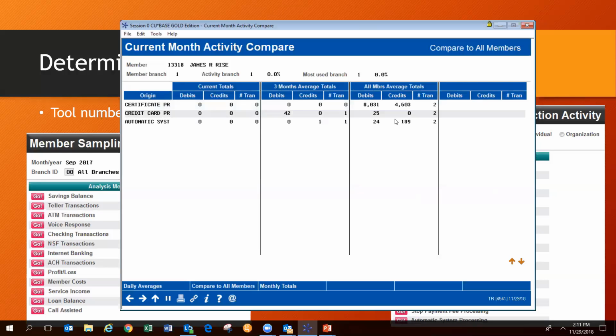So 3 different areas. The sampling, the 2 sampling tools I would definitely take a look at, and then take a look at transactional activity. And it doesn't matter which member you pick as long as the member uses you through a lot of different channels, because that all member average total that you're seeing right here is going to be the same for everyone.